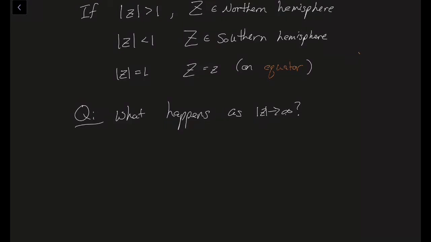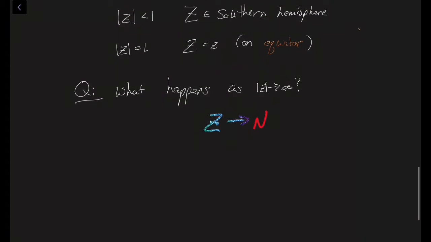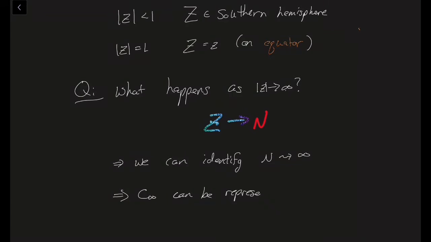If you can do this with your own sphere, or even with a circle and the line, as we go out towards infinity, that point gets further and further up on the circle, and as you get to infinity, you would hit N. You'd hit the North Pole. And it is because of this that we can identify the North Pole N with infinity, and we can represent the extended plane of complex numbers as the sphere itself.